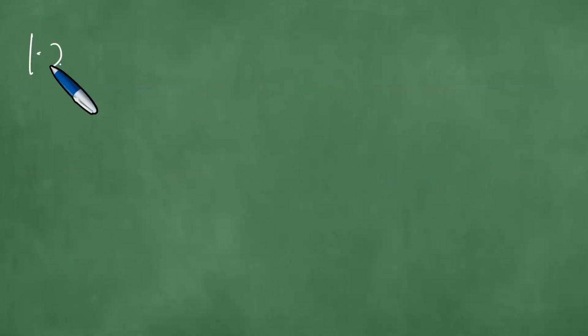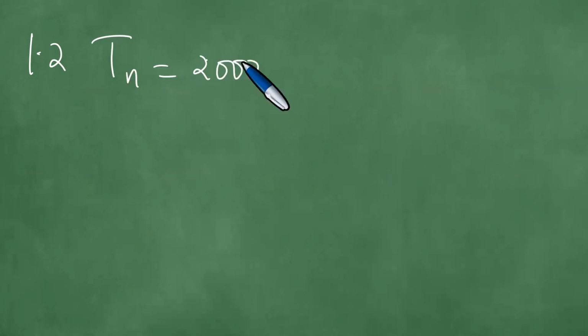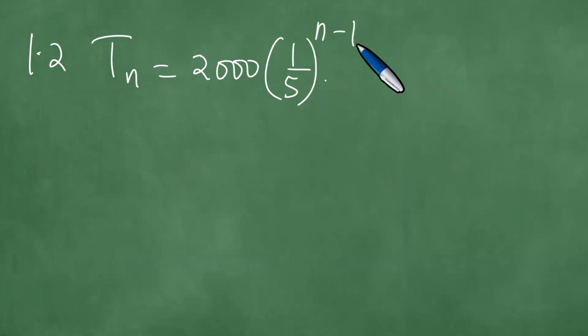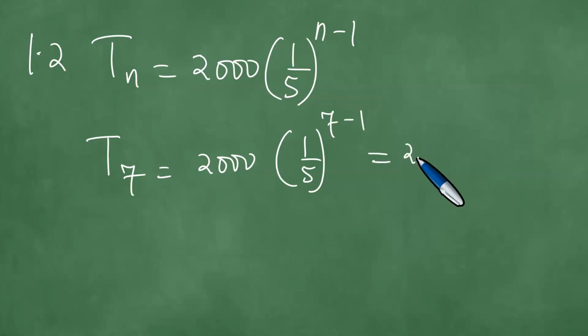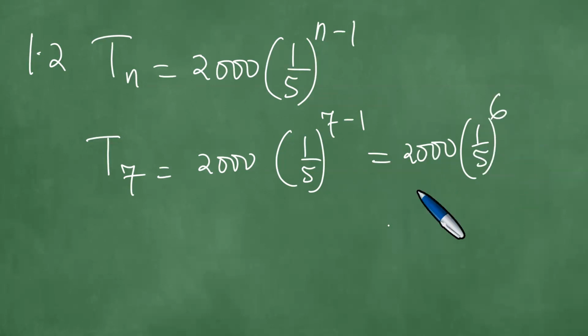So in 1.2, you already know from the previous question that we already have Tn, which is 2000 into 1/5 to the n minus 1. So to get T7, wherever there is n, you replace n by 7. So you have 2000 into 1 out of 5 to the power 7 minus 1, which is 6.